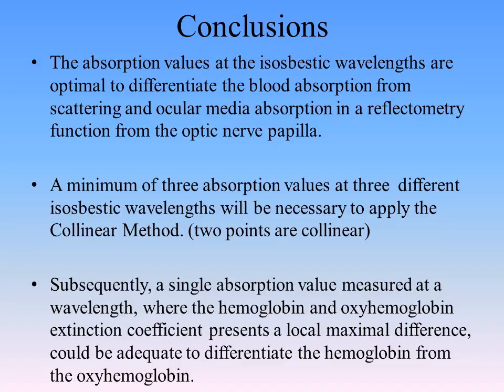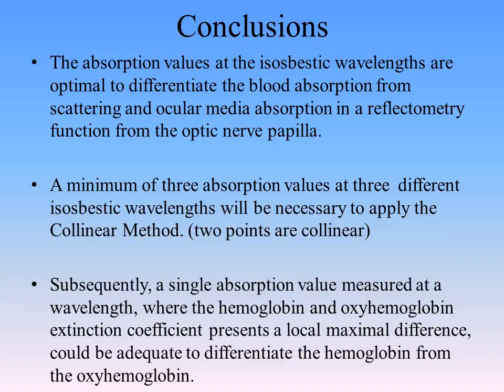In conclusion, the absorption values at the isosbestic wavelengths are optimal to differentiate the blood absorption from scattering and ocular media absorption in a reflectometric function from the optic nerve papilla.